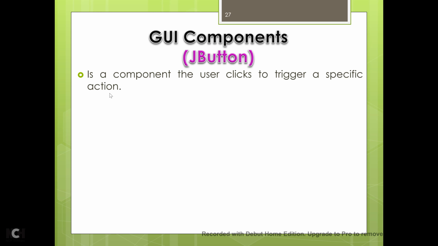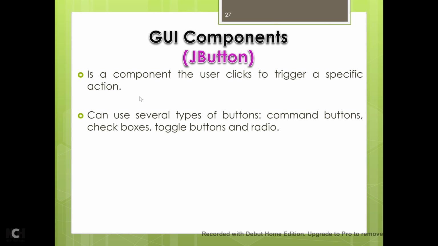For example, if we were to click the cancel button, what will happen? If we were to click on the next button, maybe this frame will be linked to another frame. Something like that.